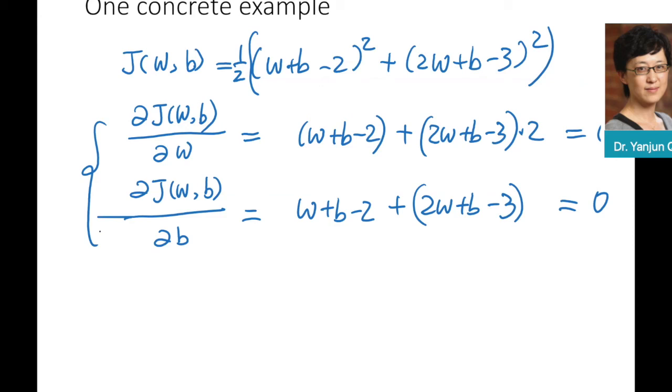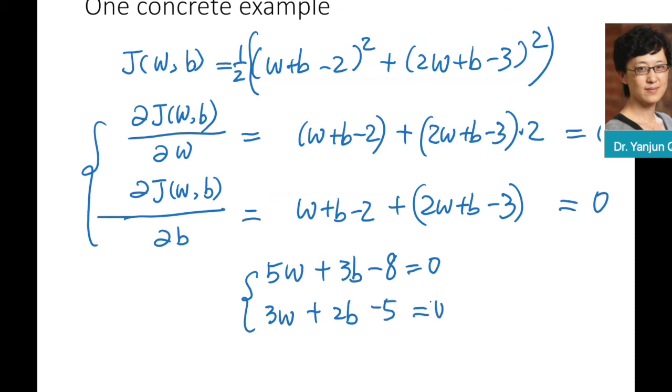I think we get 5W plus 3B minus 8. Is this correct for the first one? Please correct me if I'm wrong. And then we have 3W plus 2B minus 5 equal to 0. Is this correct? Seems to be correct. So who can help me solve this?